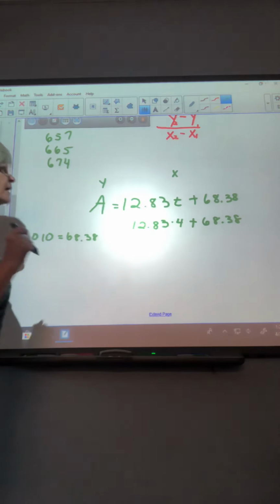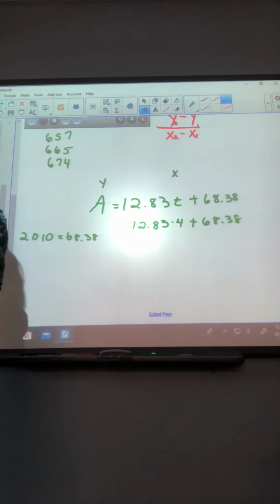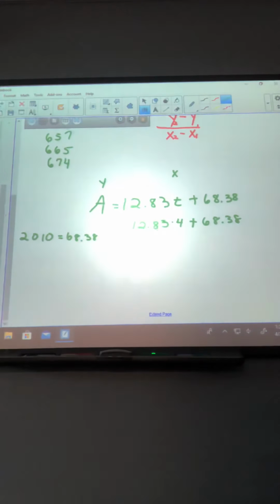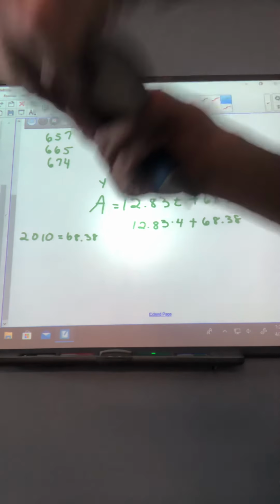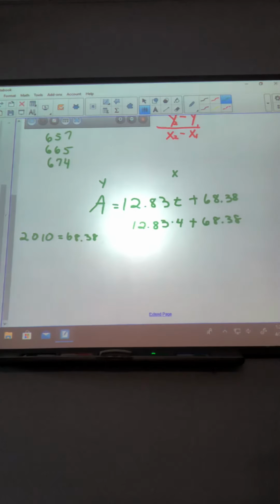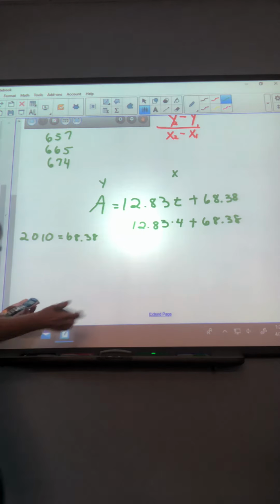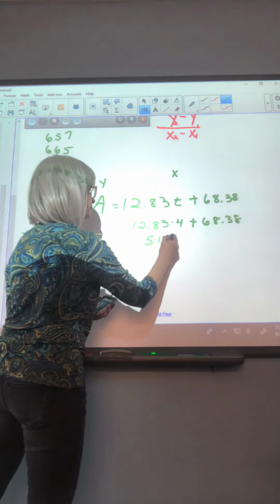So 12.83 times 4, and I've got to grab my calculator. 12.83 times 4 is equal to 51.32.